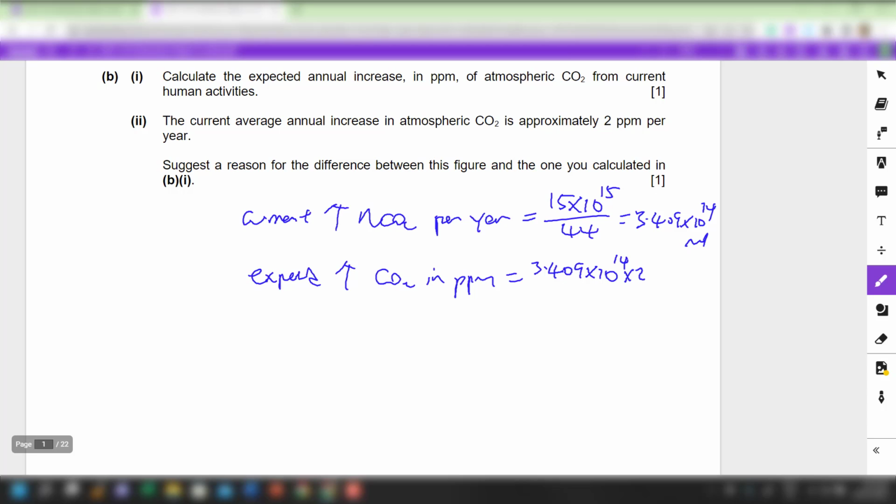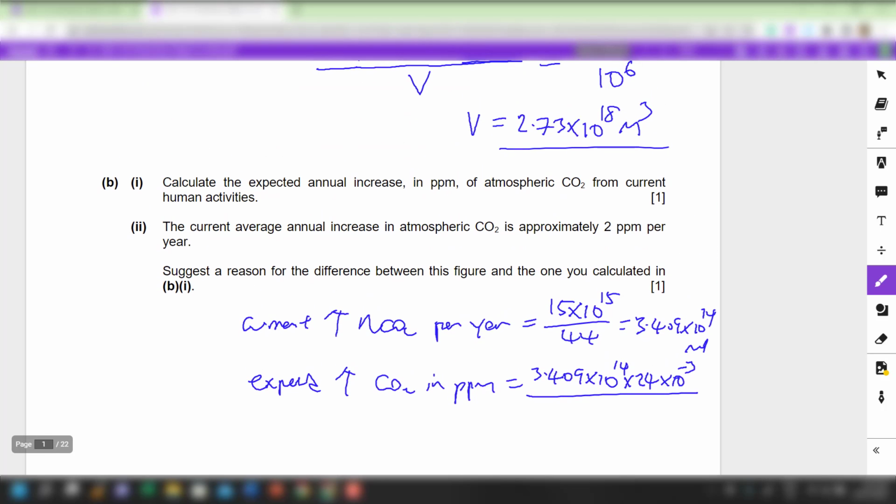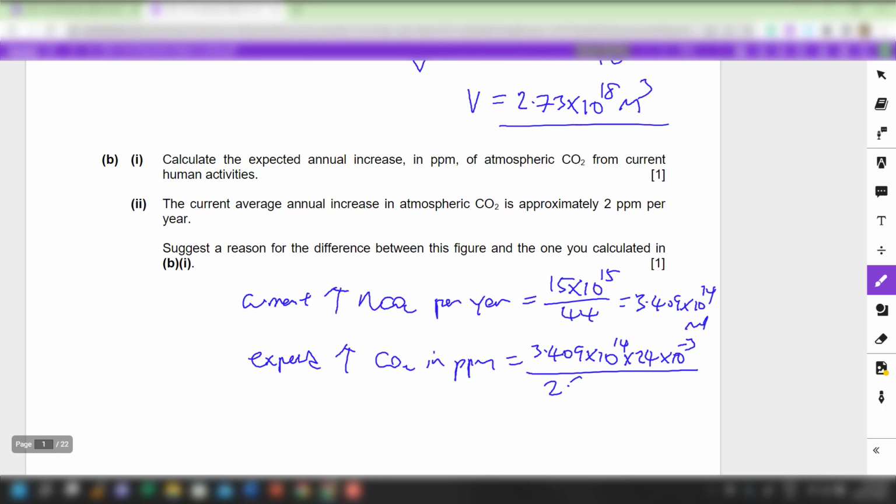We convert it to dm cube, we convert it to cubic meter, and then we divide it by the Earth's total volume calculated in part A, so that will be 2.73 times 10 to the power of 18 cubic meter. So the calculation here gives our answer per cubic meter. But now we want to look at parts per million, so we don't want to do it in per cubic meter.